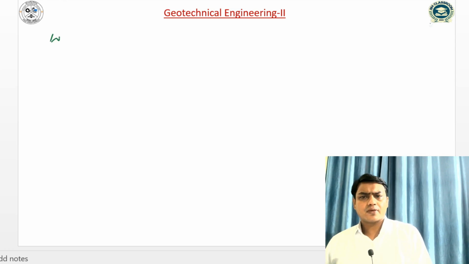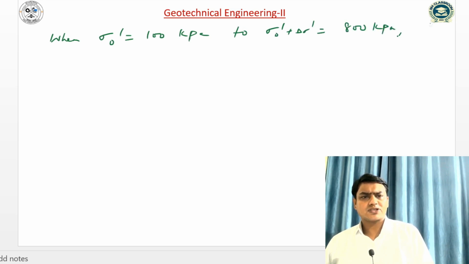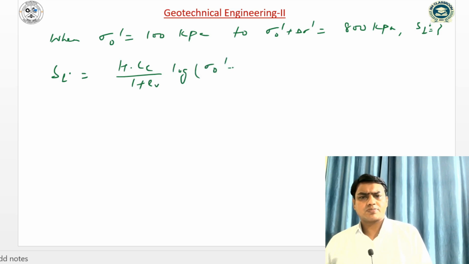Second case, when effective stress is increased from 100 kilopascal to sigma 0 dash plus delta sigma dash is 800 kilopascal, then what is the primary consolidation settlement? So once again, primary consolidation settlement is H into Cc divided by 1 plus e naught log of sigma 0 dash plus delta sigma dash divided by sigma 0 dash to the base 10.